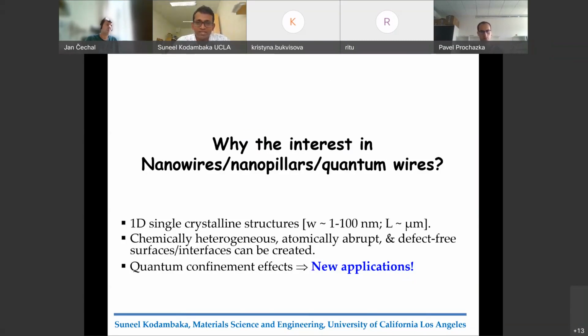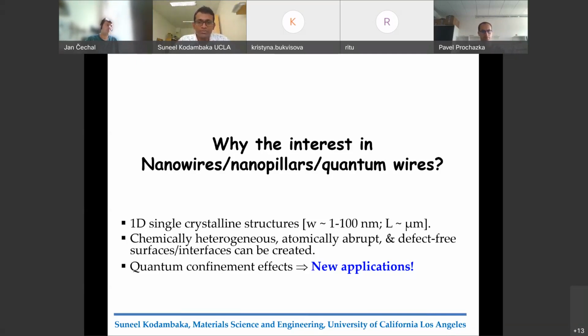And one of the advantages that the nanowires offered is the ability to synthesize structures with chemical abruptness. So you could go from a p-type structure to an n-type, which was not possible with carbon nanotubes.